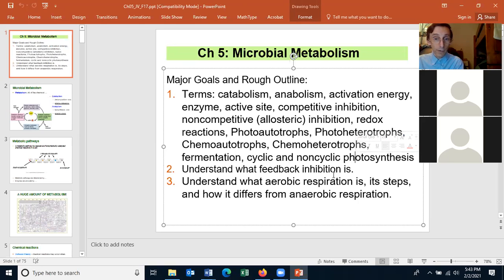You should understand what feedback inhibition is, and then we'll talk in great detail about what aerobic respiration is. You should understand it, know its steps, and how it differs from anaerobic respiration. Any question about what we're doing?